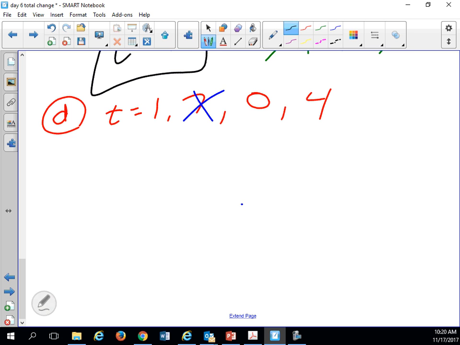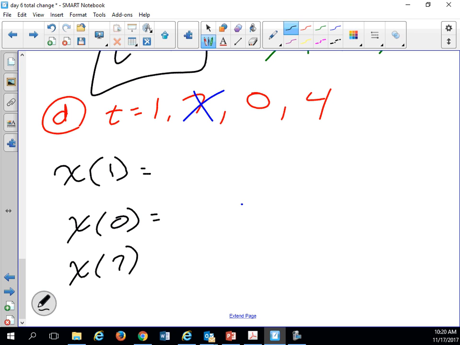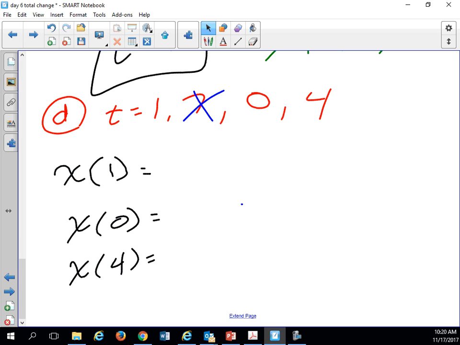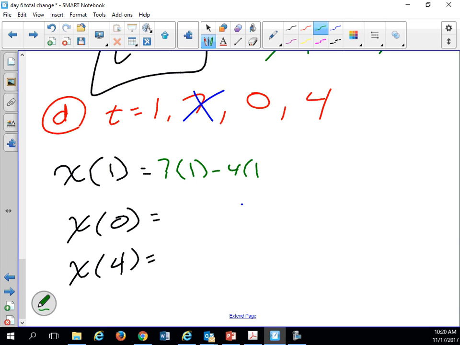I have what x is. I have the original function, so I'm literally plugging these into the original function. That will tell me the values. x of 1 is 7 times 1 minus 4 times 1 squared plus the integral from 0 to 1 of s squared ds.